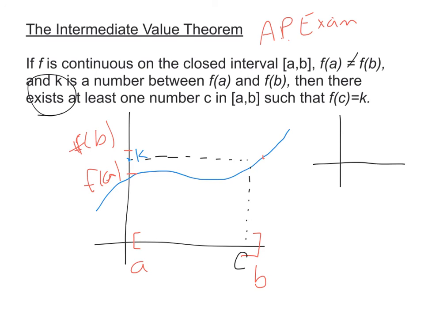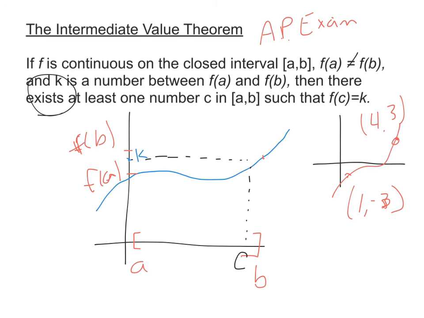If we plugged in a value and got a negative, and then we plugged in another value and got a positive, say maybe this is the point 1, negative 3, and maybe I plug in another point over here, let's say 4, and we get positive 3.